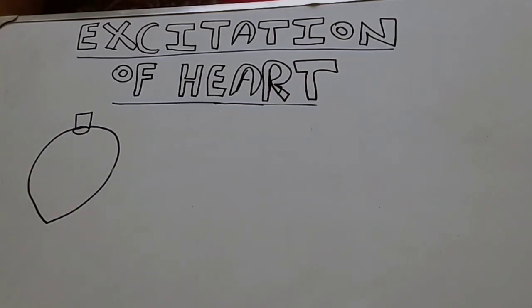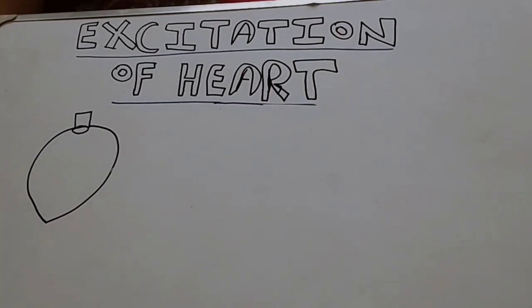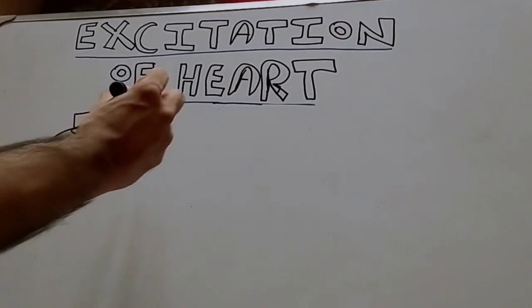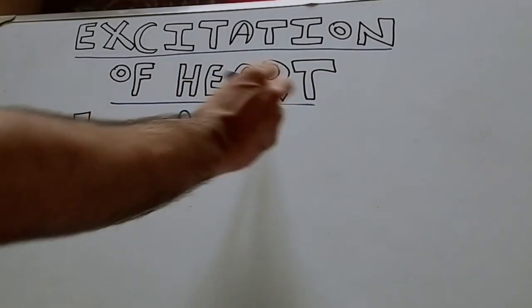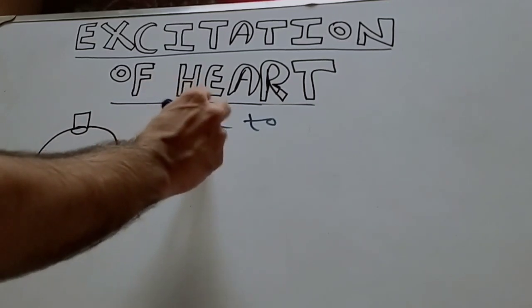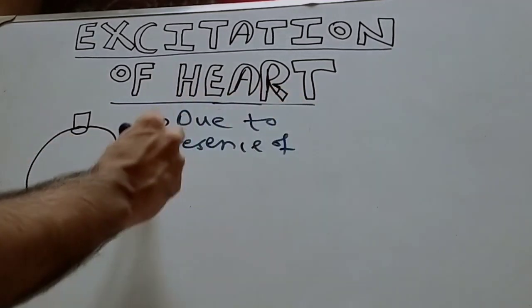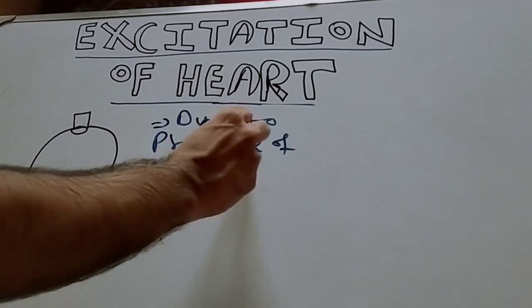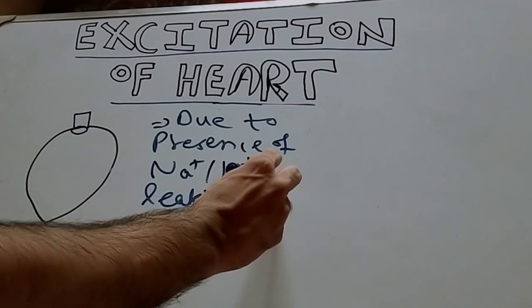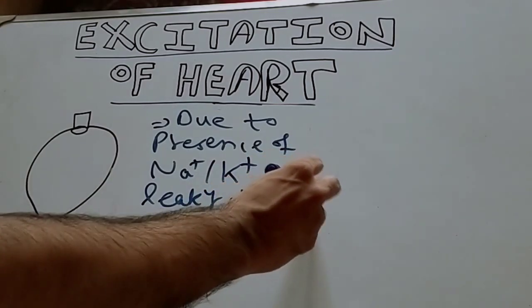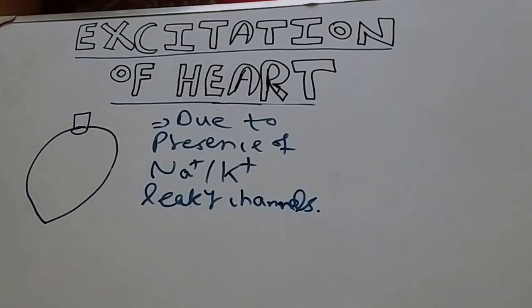So due to the presence of sodium, potassium, leaky channels, the SA node can generate impulses on its own. So here sodium, potassium, leaky channels are present.